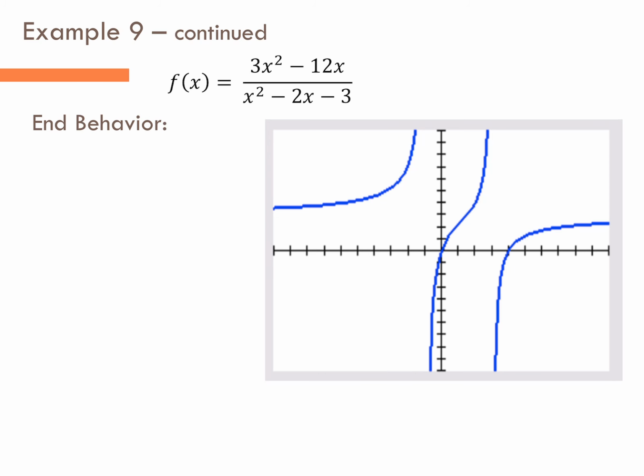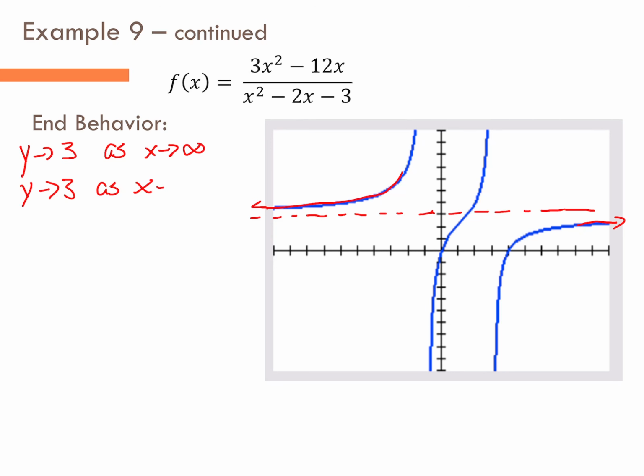So our ending behavior: y is approaching what as x goes to infinity? Remember we have a dotted line right here at 3. So as x is going to infinity, y is going to 3. Same thing here: as x goes to negative infinity, y is still going to 3.